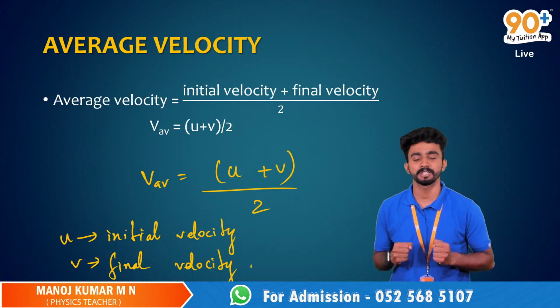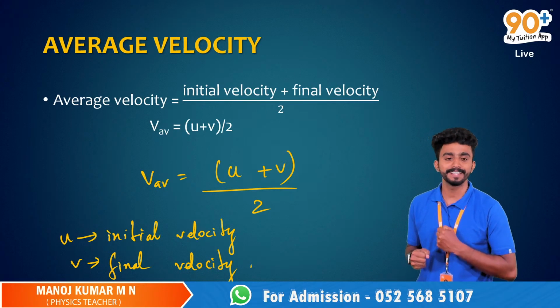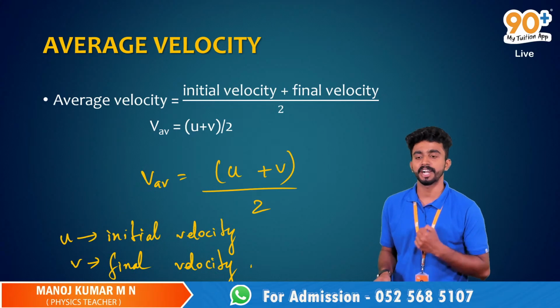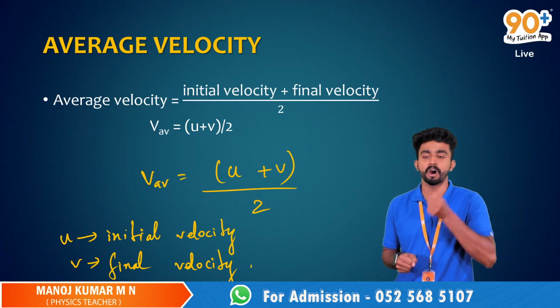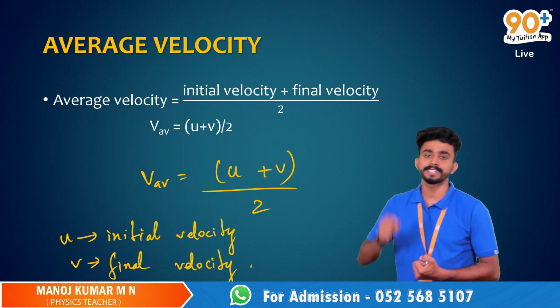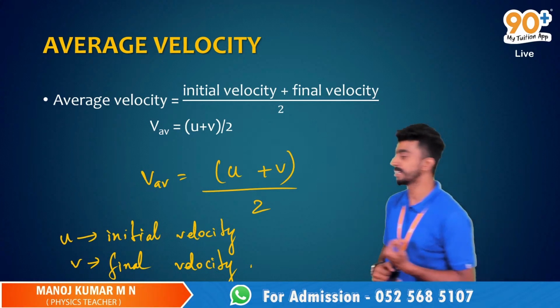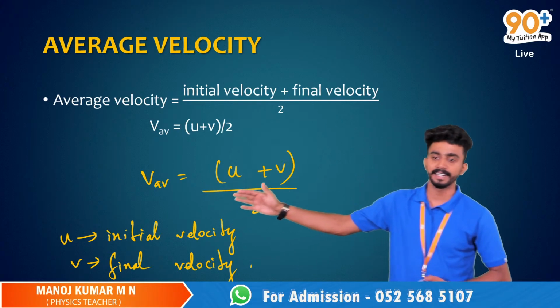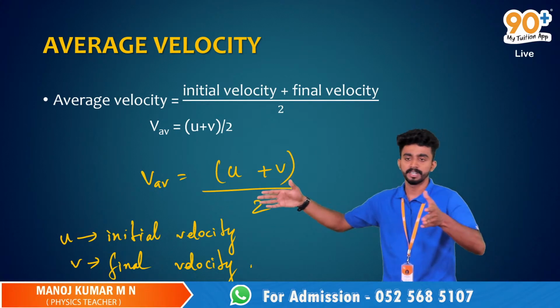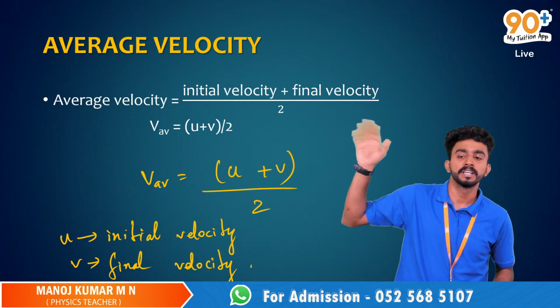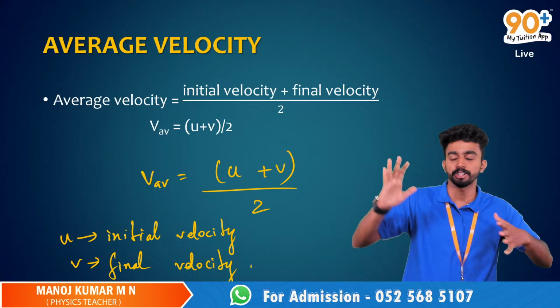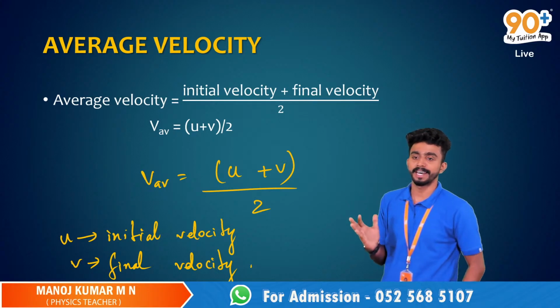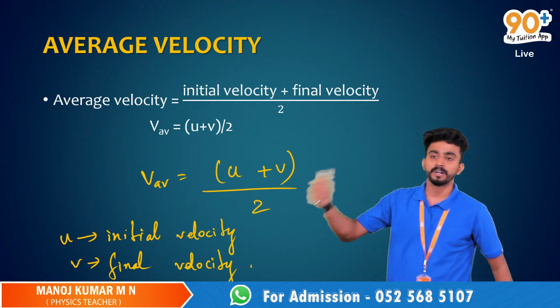Initial velocity means the velocity of the body when it starts the journey, at the starting point. What will be its velocity when it starts to move? That is the initial velocity. When the object is at the end, at the particular instance which we are considering, that is the final velocity, where the object will stop or will have a particular speed or velocity.